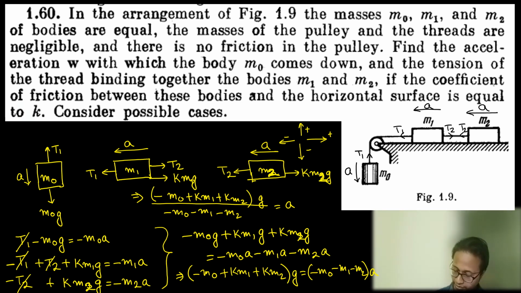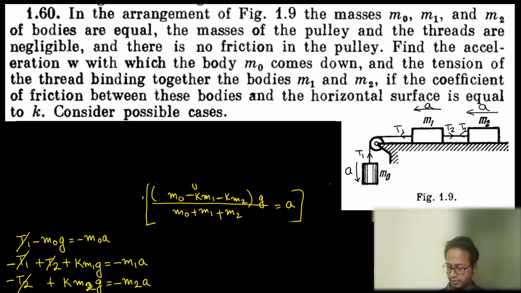If I take minus common from the denominator, it will be m0 plus m1 plus m2, and if I take minus common from the numerator, it will be m0 minus k m1 minus k m2. Okay, understood? So the value of acceleration would be this one.